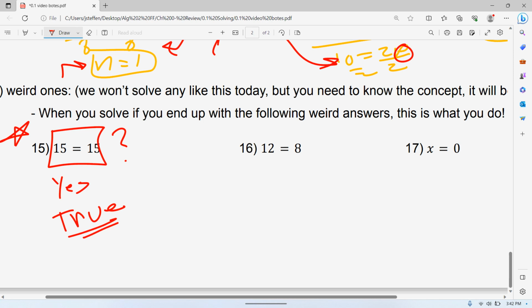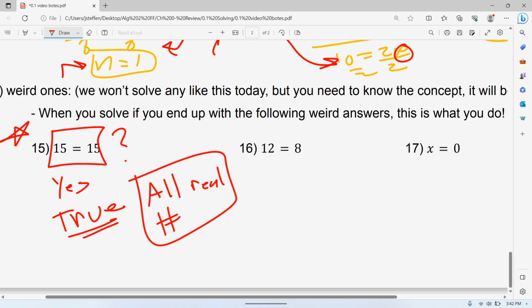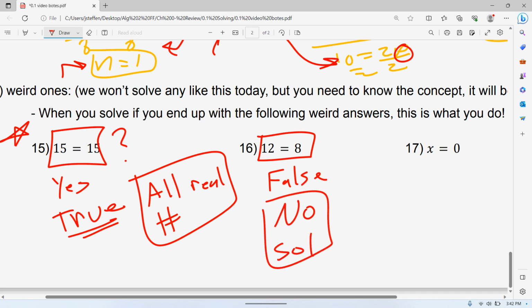Since it's numbers, I should specify, all real numbers. So if you ever have a statement where there's no variables and it is true, that means it's all real numbers. If you have a false statement, 12 equal to 8, that's not true at all. That's false. That means it's no solution.